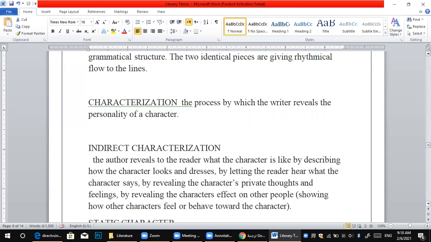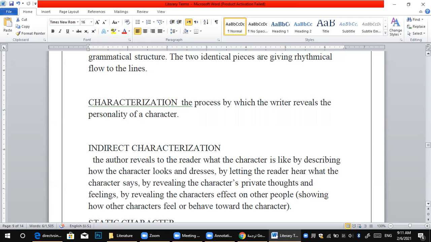Indirect characterization is like, he runs fast and he was the first one in the race. What does it mean? He won the race, the competition. So this is called direct and indirect characterization.